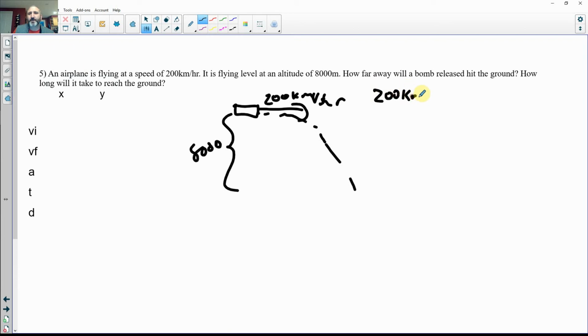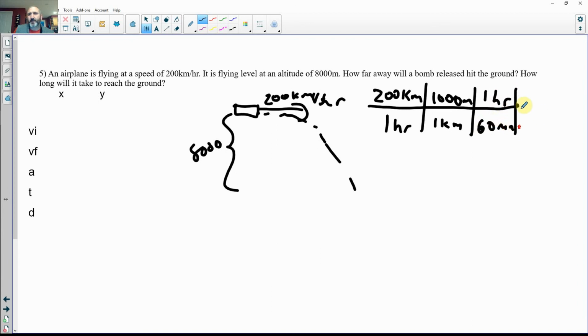200 kilometers per 1 hour times, I'm going to get rid of kilometers first. So 1 kilometer on bottom, that's going to cancel that out, 1,000 meters on top. So now I'll be in meters, which is good. 1 hour on top, 60 minutes, and then 1 minute over 60 seconds. So hours will cancel, minutes will cancel, kilometers will cancel, and I'll be in meters and seconds.